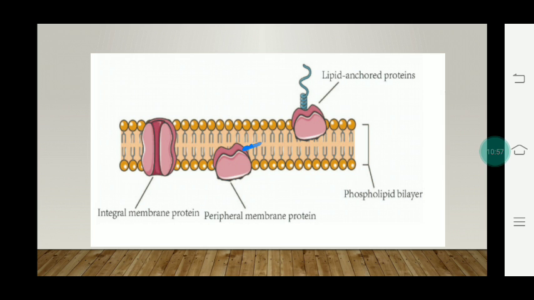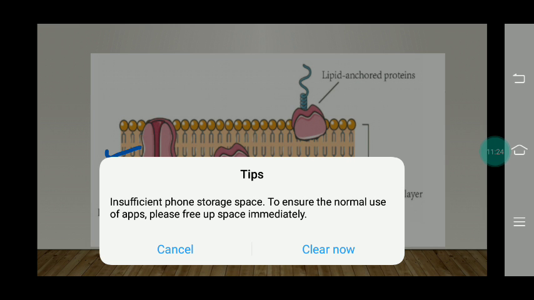Here is the integral membrane protein, which is embedded throughout the phospholipid bilayer, and is amphipathic in nature because it has contact with the hydrophilic head and hydrophobic tail of the phospholipid structure.